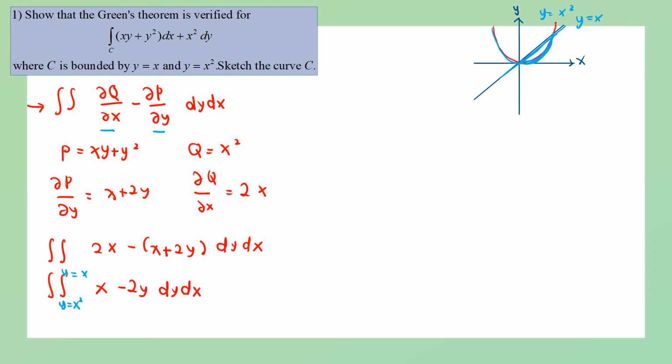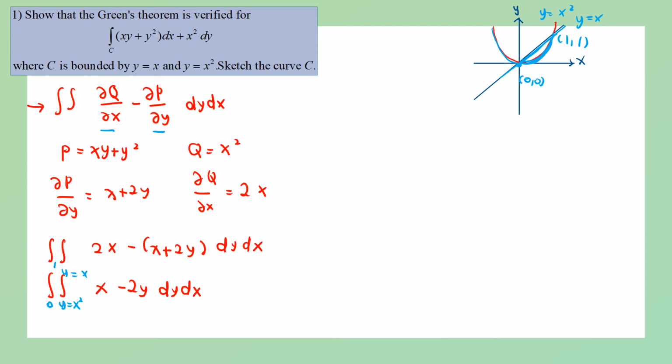So next, for dx, you have to remember before this we have 2 points, (0, 0) and (1, 1). To find x, the lower limit is the smallest point, which is x equal to 0, and the upper limit is the biggest x, which is x equal to 1.